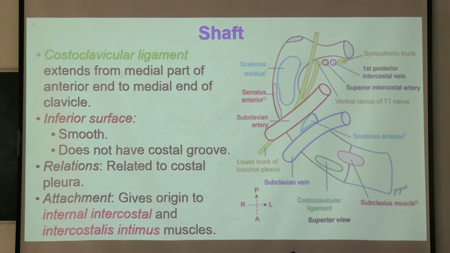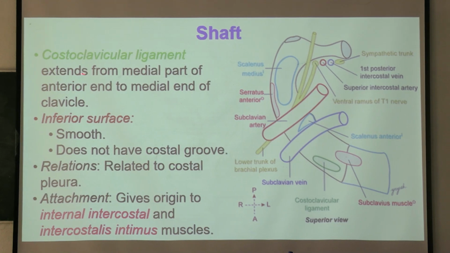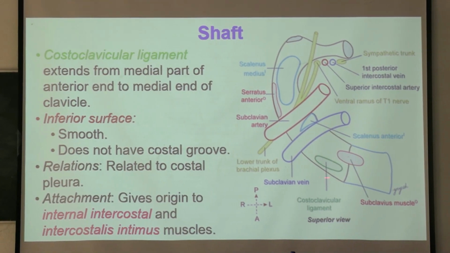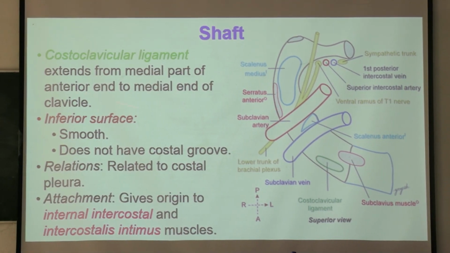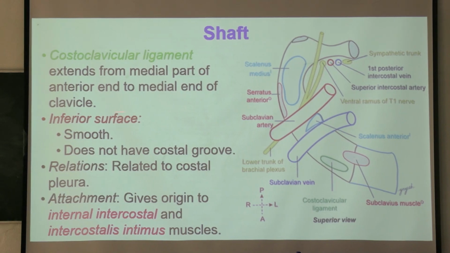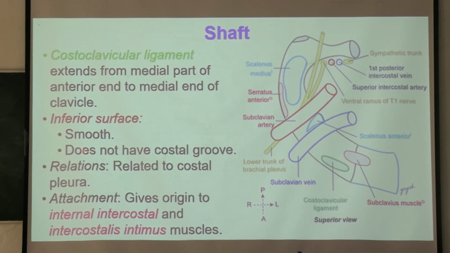Next, one ligament is present. The costoclavicular ligament extends from the medial part of the anterior end to the medial end of the clavicle. Here is the costoclavicular ligament, from the medial part of the anterior end to the medial end of the clavicle.